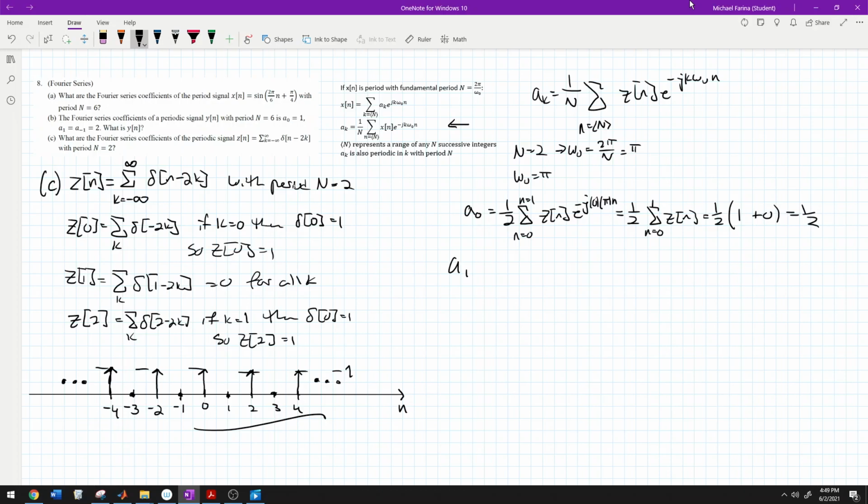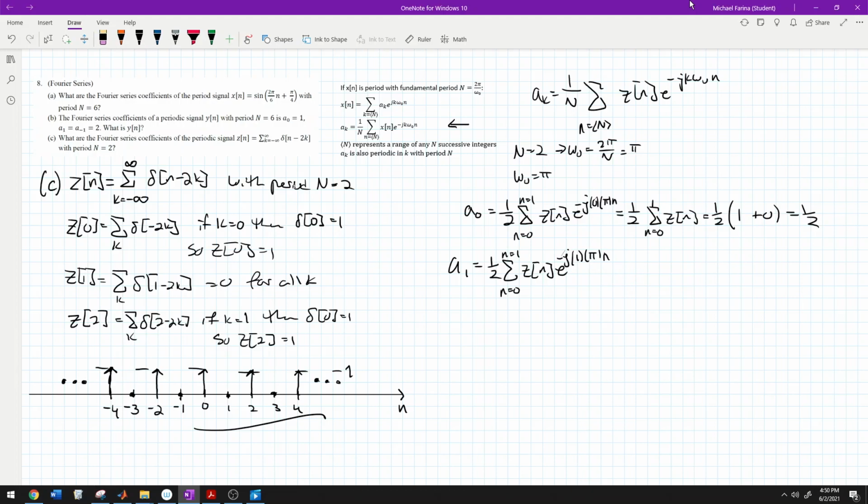A of 1 is going to be equal to 1 over 2, the sum from n equals 0 to n equals 1 of z of n e to the negative j 1 times pi times n, and that's equal to 1 over 2. Well, let's write it out now.